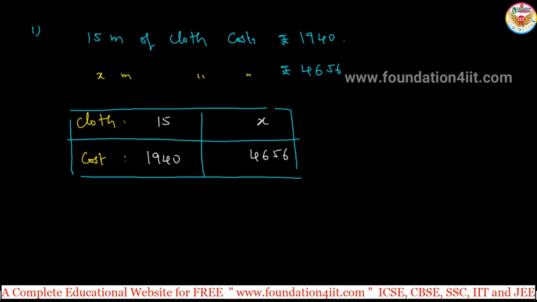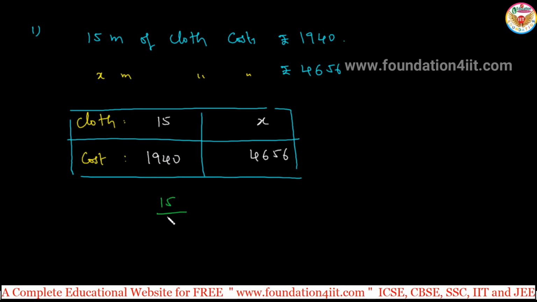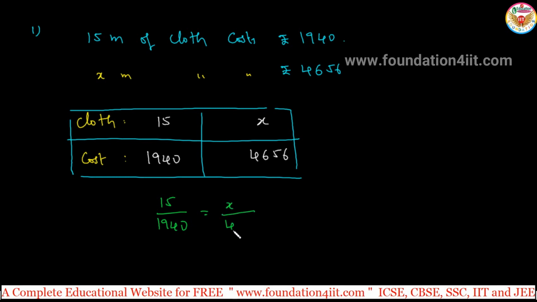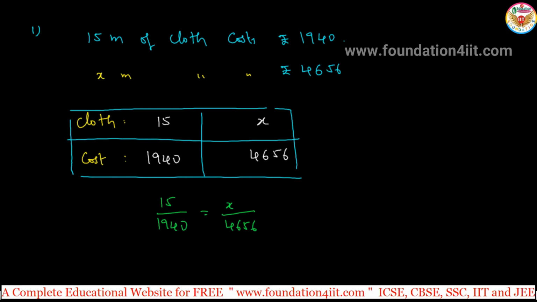According to direct proportion, the first quantity divided by the second quantity is in the same ratio, the same constant. Since this is a case of direct variation, 15 by 1940 is equal to x divided by 4656, because both are in direct proportion. So you can take x divided by y as a constant always. You can simplify this. From this you can go for cross multiplication.